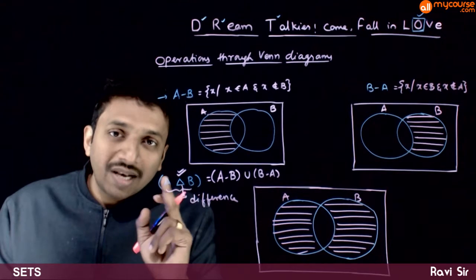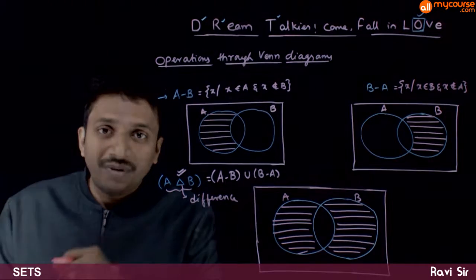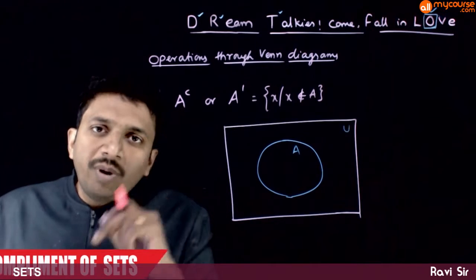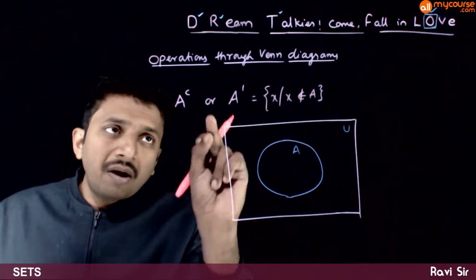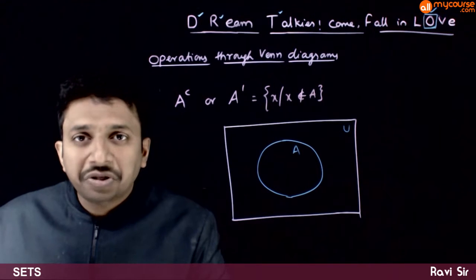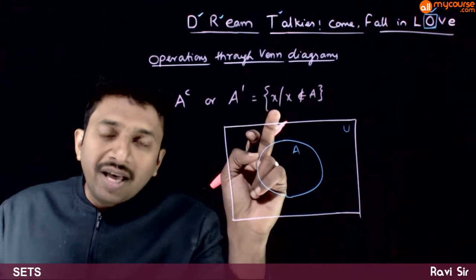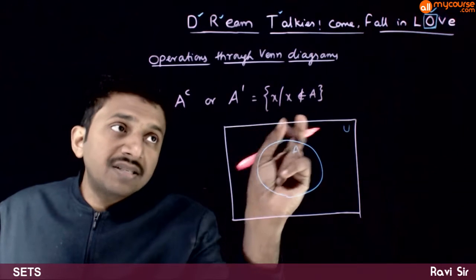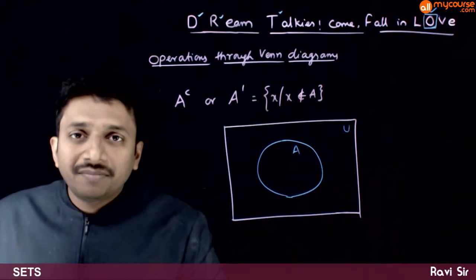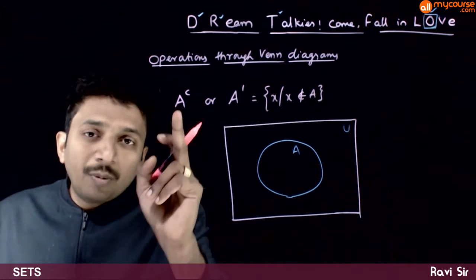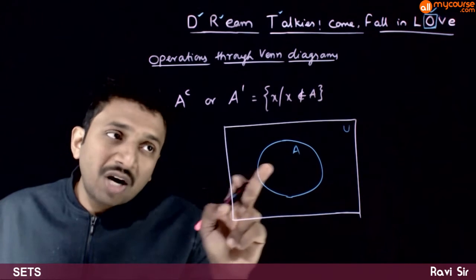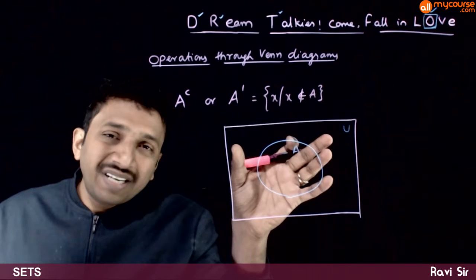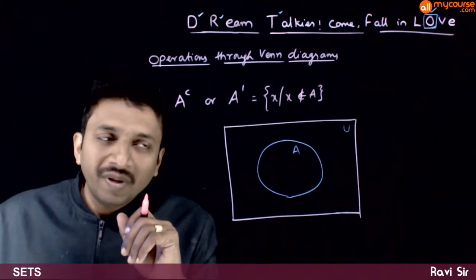So now let us go to the last operation, which is complement. Next, A complement, A superscript C, small c, or A superscript dash, is nothing but the set containing those elements such that they don't belong to A. So A complement is also called not A. So what are the elements that are not present in A? Obviously, we take some universal set in any problem.